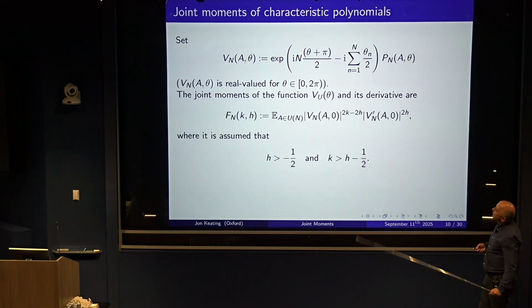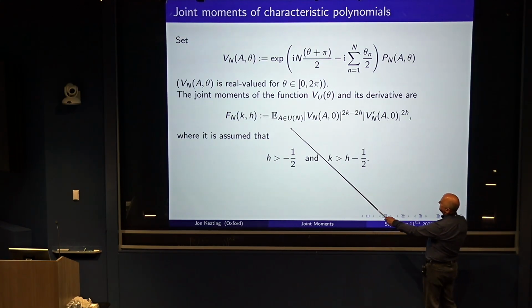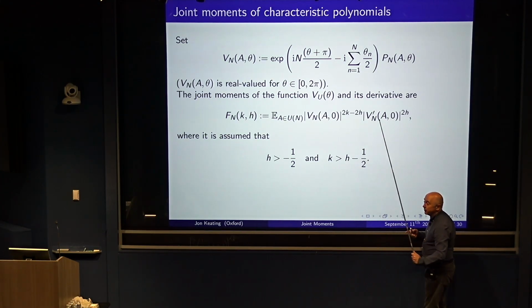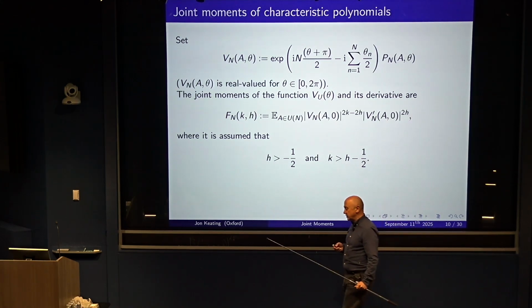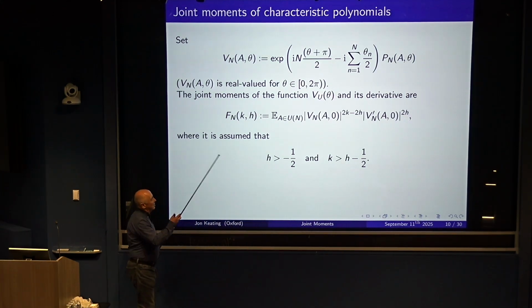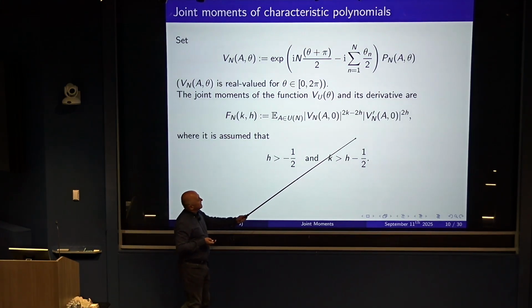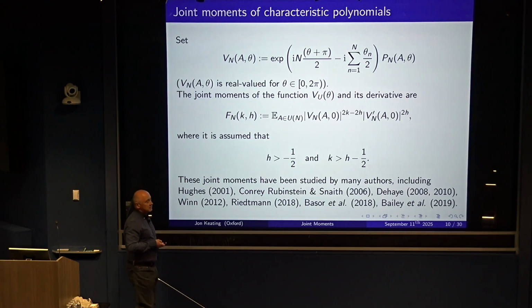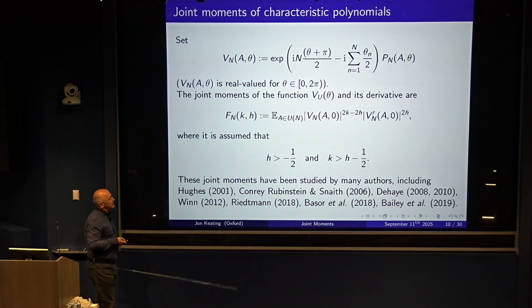So the question is, can we compute this expectation value? In the case when h is 0, we have these very simple formulae as products of gamma functions related to Young tableaux. Is there an analog of those formulae when we stick in this derivative here? And the answer is, this turns out to be quite a complicated story.